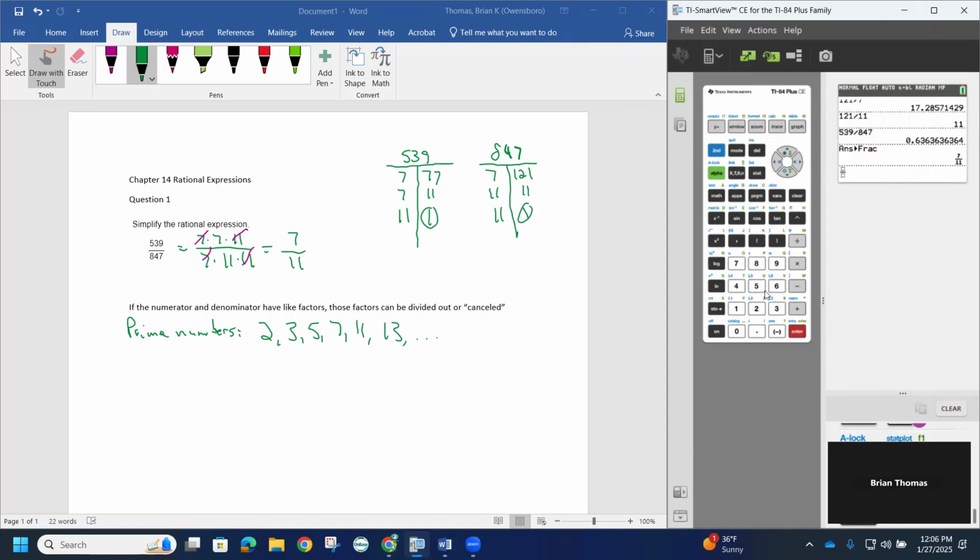So I could put the 539 in the numerator. I could then move the directional pad there and put the 847 in the denominator and then hit enter and it'll give me 7/11. So I can reduce that using the calculator since it's a number, but one of the keys is actually what we call factoring and canceling out like factors.